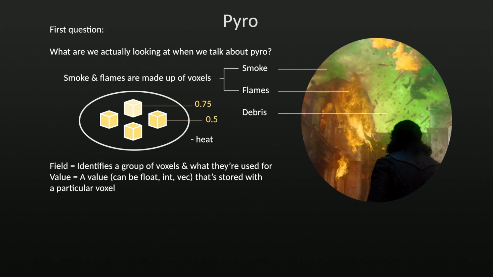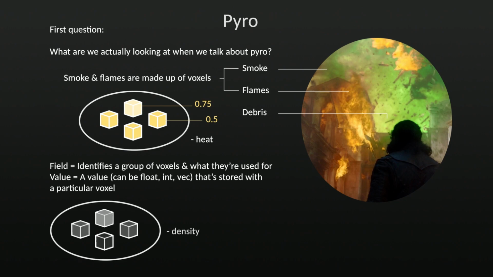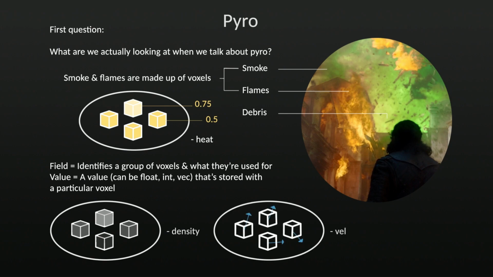So as I mentioned, this is kind of a visual of what's going on. Now, in addition to the stuff that we see in the render, you can also feed the solver different fields so that you can control the behavior of what's going on. In this example, if we have, let's say, a velocity field like this, we have a bunch of voxels that are storing velocities, which describe the direction in which things are going.